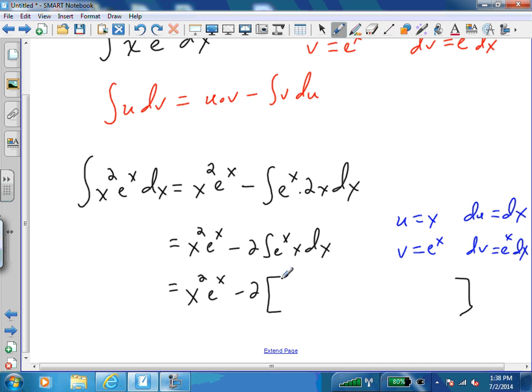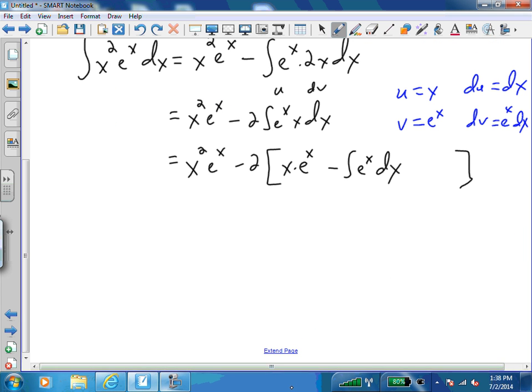So if that's u dv, then the integral of u dv becomes u times v minus the integral of v du. Can we do that integral? Yes, that integral we can do.